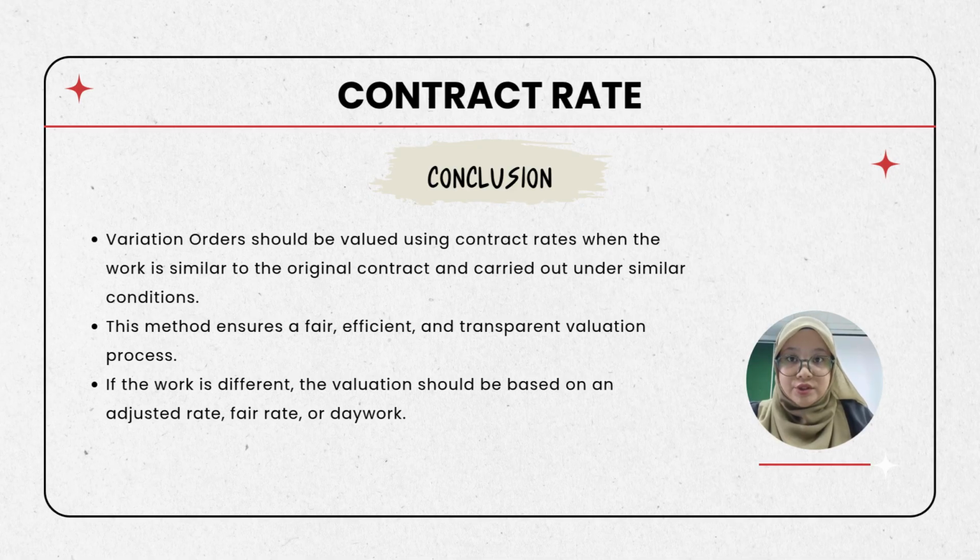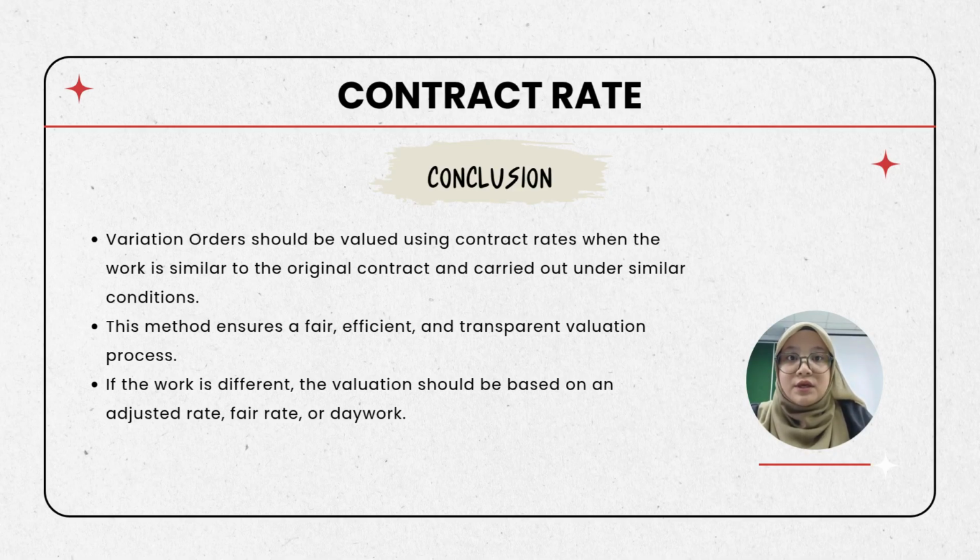So, in conclusion, contract rates are the preferred method for valuing variation orders when the work is similar to the original contract and carried out under similar conditions. This method provides a fair, efficient, and transparent way of valuing variations because it uses rates that were already agreed during the tender stage.